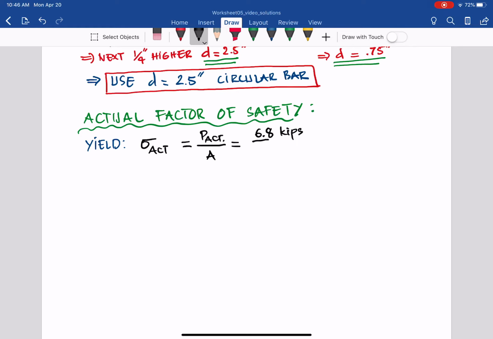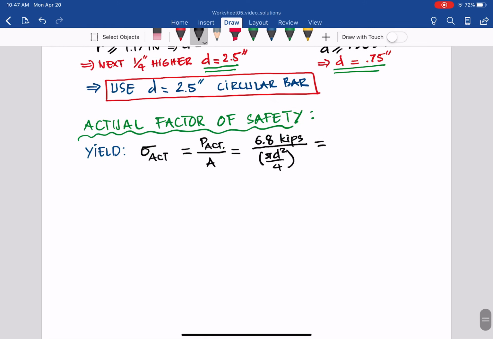That is the actual load on member GF divided by A, which is pi D squared over 4, and we chose 2.5, so you get 6.8 divided by pi times 2.5 squared divided by 4. From that we have 1.385 KSI, kips per square inch.